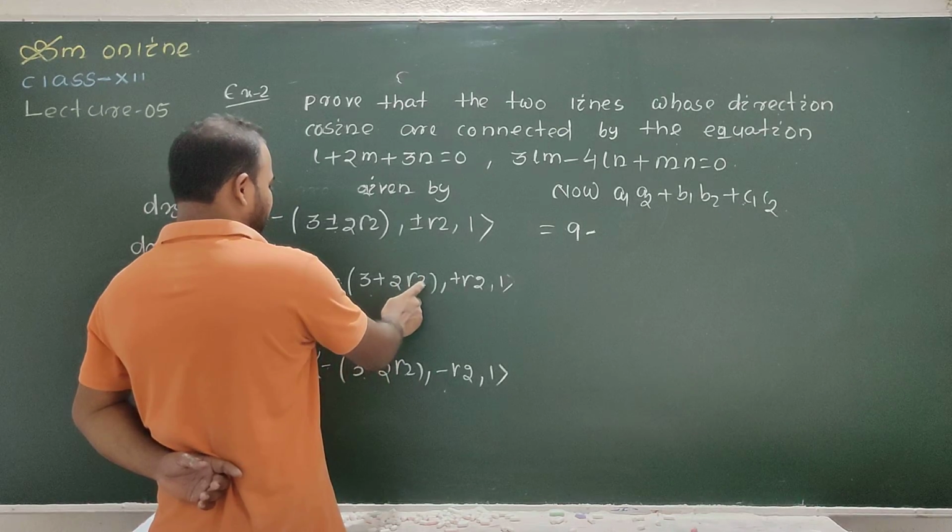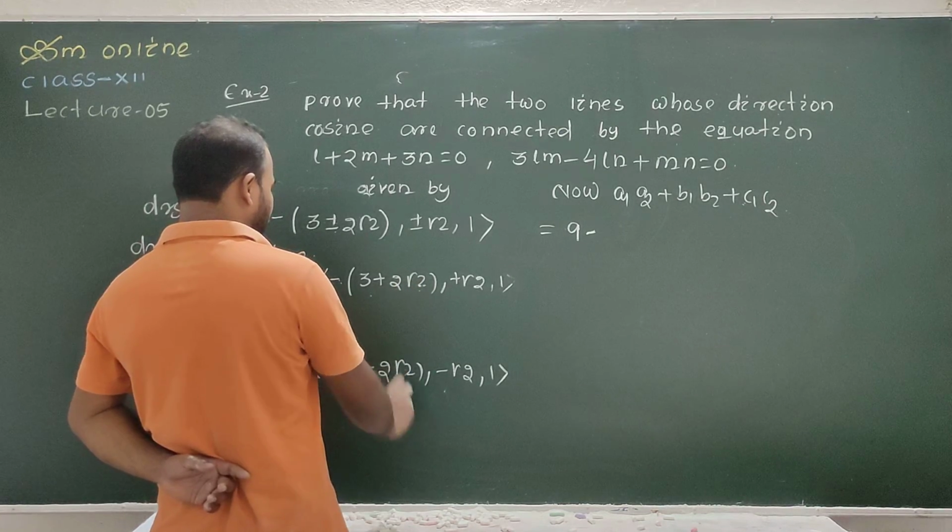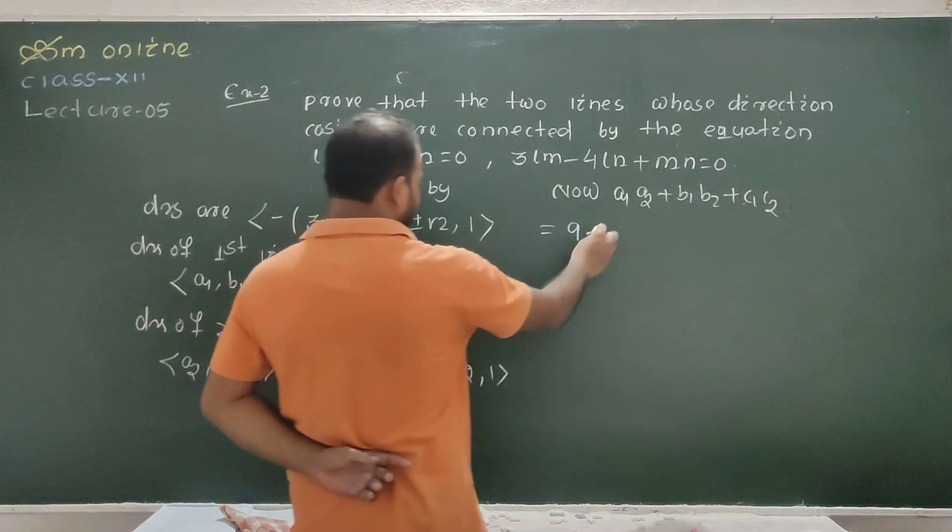So this is 2 root 2 into 2 root 2, which is 8.